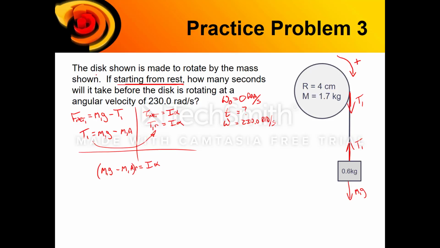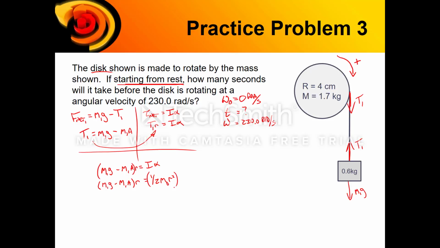It does say that it's a disk, so that means our moment of inertia is going to be 1/2 mr squared. I get m1g minus m1a, times r, is equal to 1/2 m disk r squared times alpha.